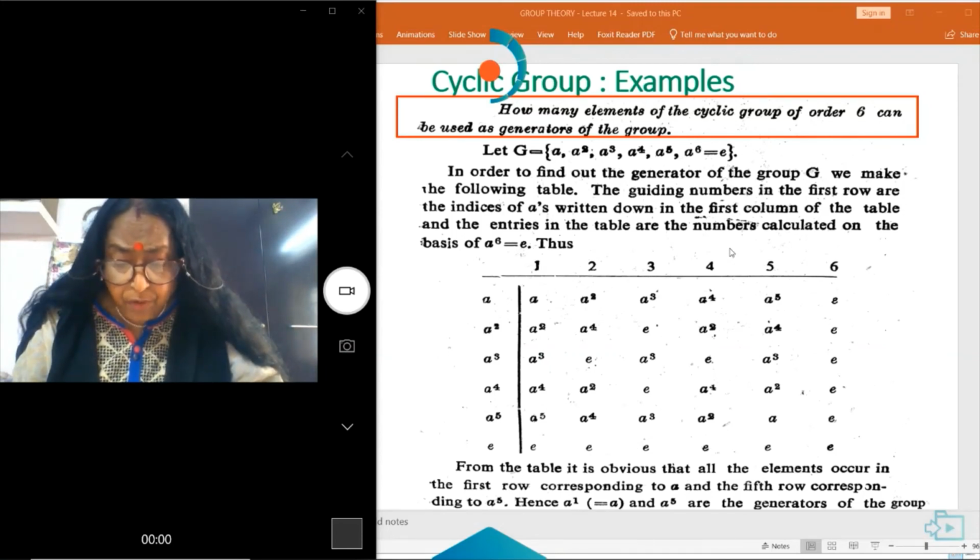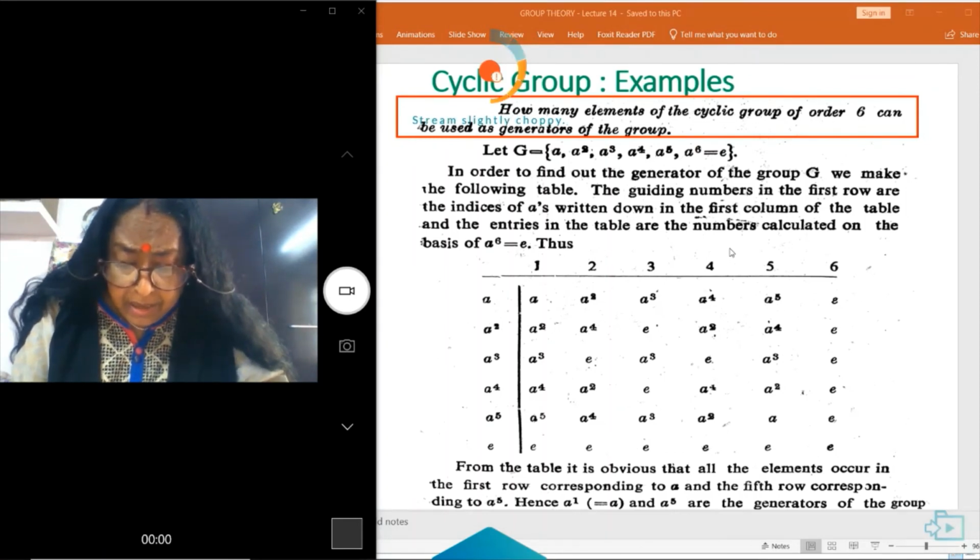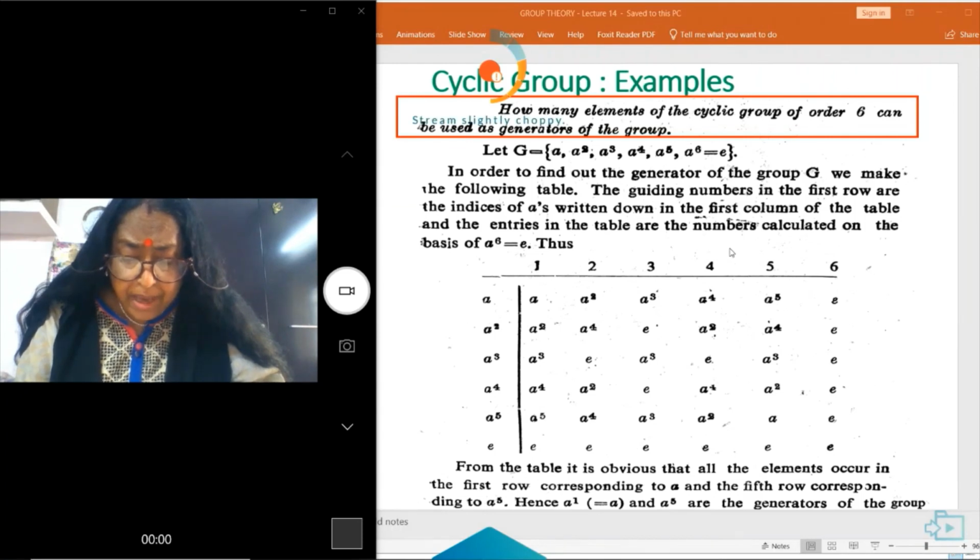Now we can see from this table that it is obvious that all the elements occur in the first row corresponding to a and the fifth row corresponding to a to the power 5. Hence, a to the power 1 and a to the power 5 are the generators of the group. So only a to the power 1 and a to the power 5 are the generators of this group.